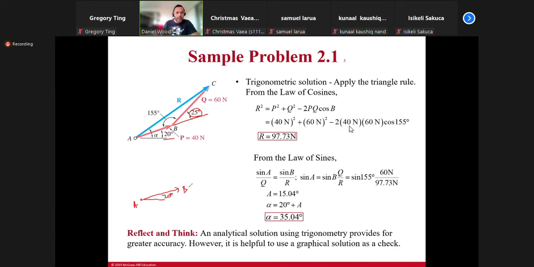Then I come in here and I know my line of action of P is there. So I draw Q, and that is 25 degrees. And then I'm able to draw my resultant.